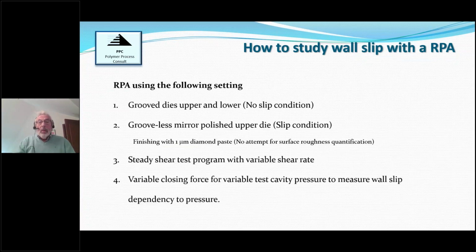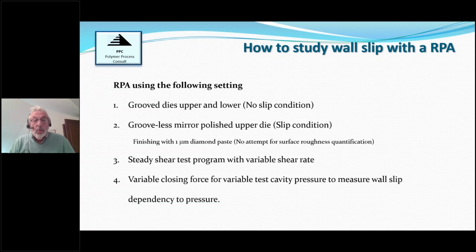So how can we now look for wall slip in the RPA? What we do is, using groove dies upper and lower at high pressure, we are in no slip conditions. If we replace the upper die by a grooveless, mirror polished die, which is going to provide slip, but we have not measured the residual roughness of the so-called mirror polished die.